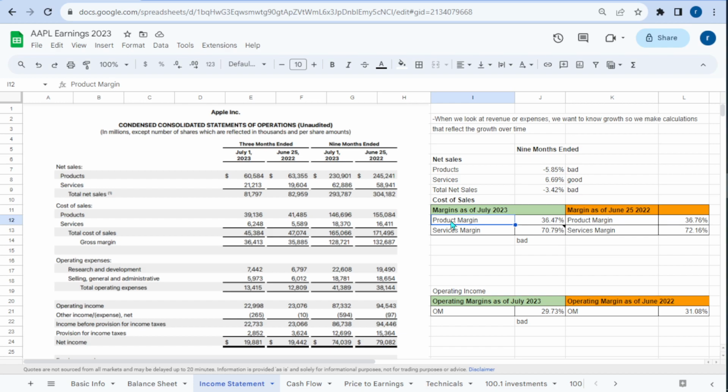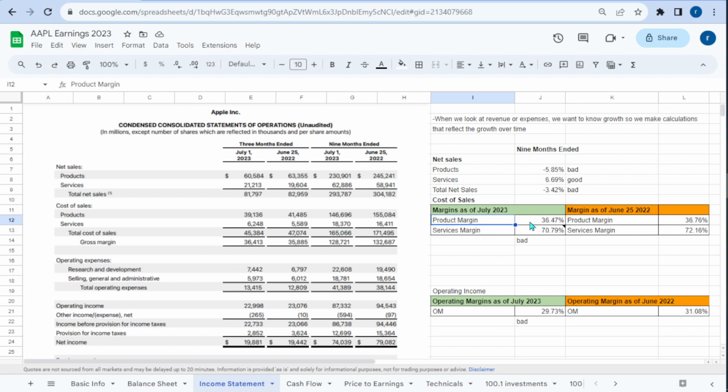So when we're looking at product margin and service margins, there's going to be a cost associated directly to the production of the product and production of the services. So when we take out those costs from that revenue, you're getting the margin that's directly related to that.